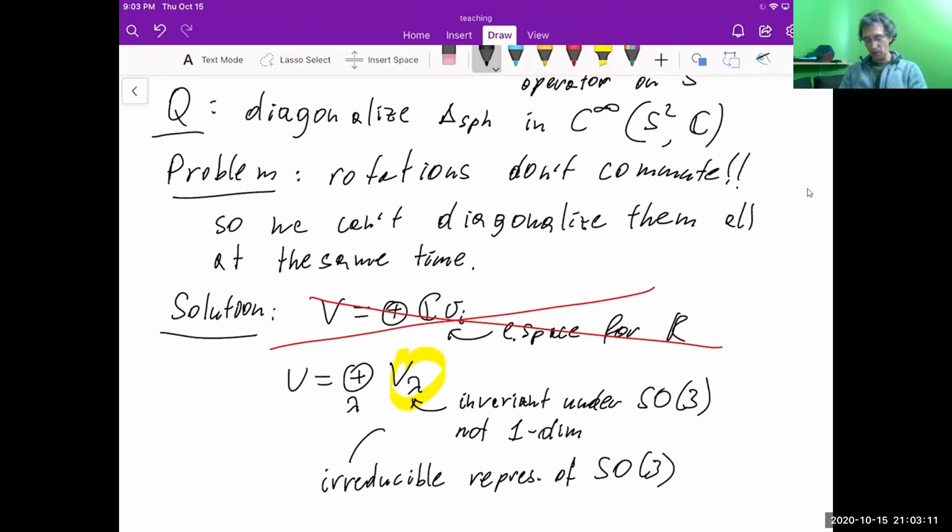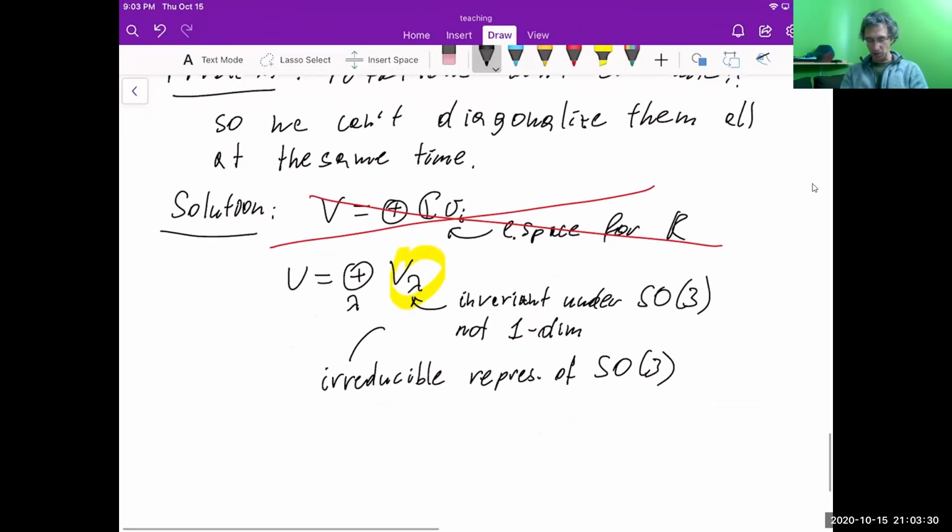So for example, it is known that for this particular situation, you have a whole sequence of representations indexed by non-negative integers, and the kth representation has dimension 2k plus 1. And that's exactly the multiplicities you see when you finish the problem of diagonalizing the spherical Laplace operator. So that's an extremely powerful tool, which certainly is by far the easiest way I know of solving this problem. And this solution agrees perfectly with experiments.